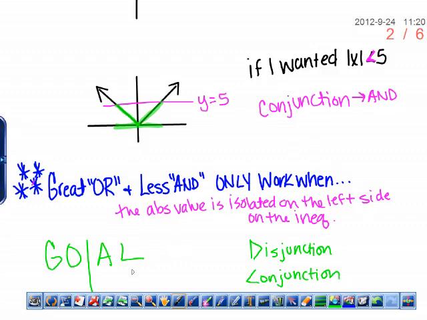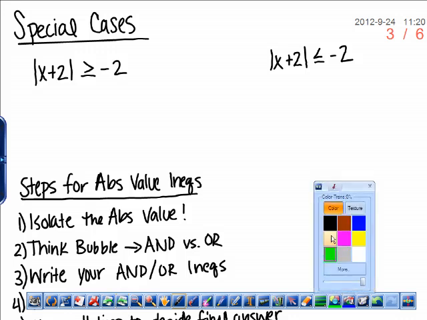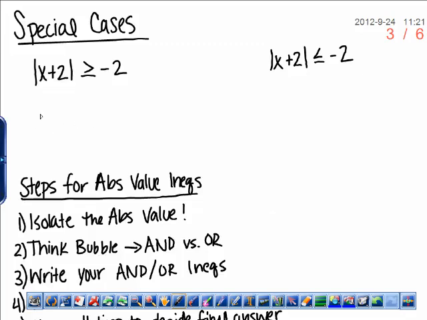So, let's talk about two special cases. Absolute value of x plus 2 is greater than or equal to negative 2. I'm going to sketch myself a little graph here.